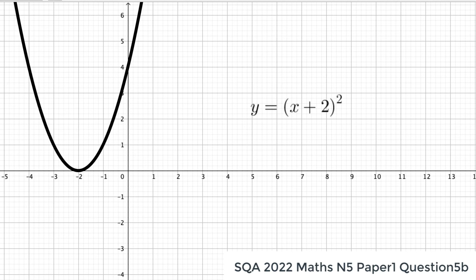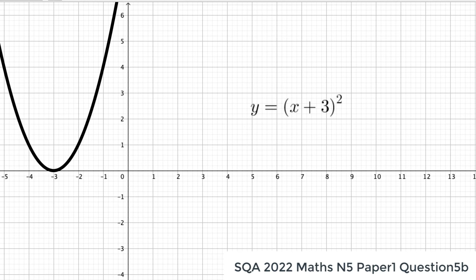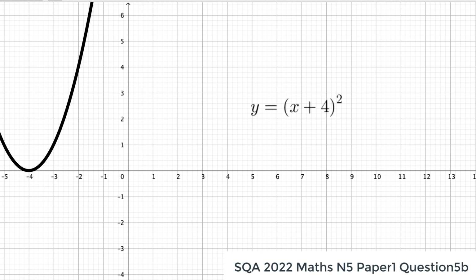There's x plus 2, it's moved 2 units to the left from where it used to be. And there's x plus 3 all squared, x plus 4 all squared. And you'll notice that x plus 4 all squared is part of the expression we're trying to find where the minimum or the turning value of the graph is. So we're nearly there.